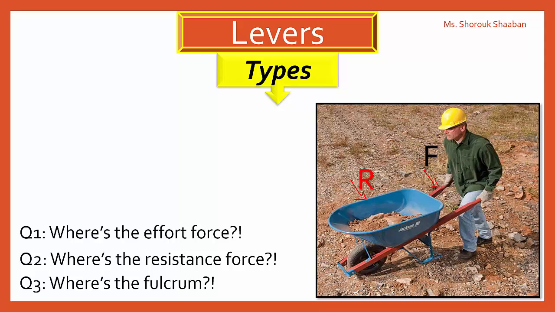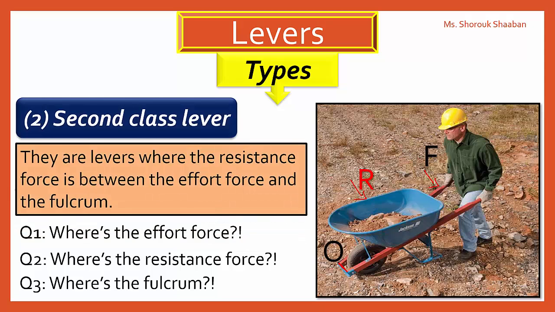The fixed point that's not moving, but I am moving around it. This piece, because I can move this wheelbarrow up and down, and this part is not moving with me. So this is my fulcrum. Look, what is in between now? Is it the fulcrum? No, it's the resistance force. So this is the second class lever.